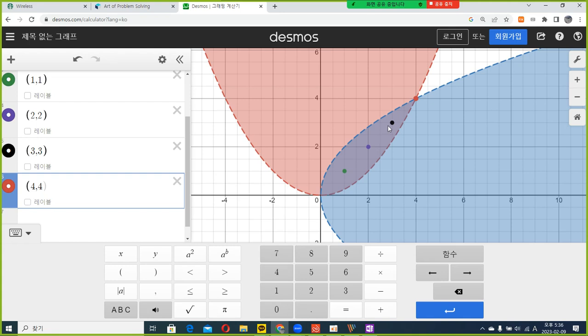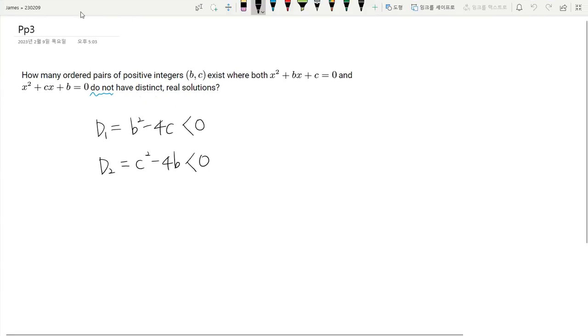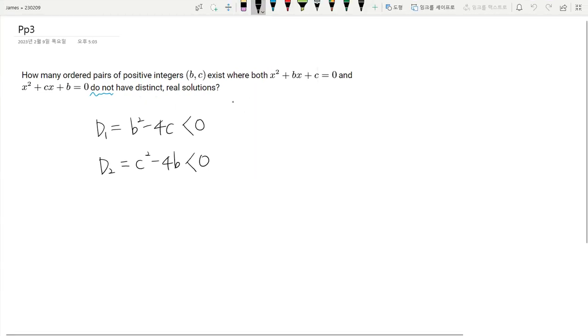And I think we should include the equal sign here. Am I right? Do not have a distinct real solution. So although it's real, if it's not distinct, that satisfies the condition.